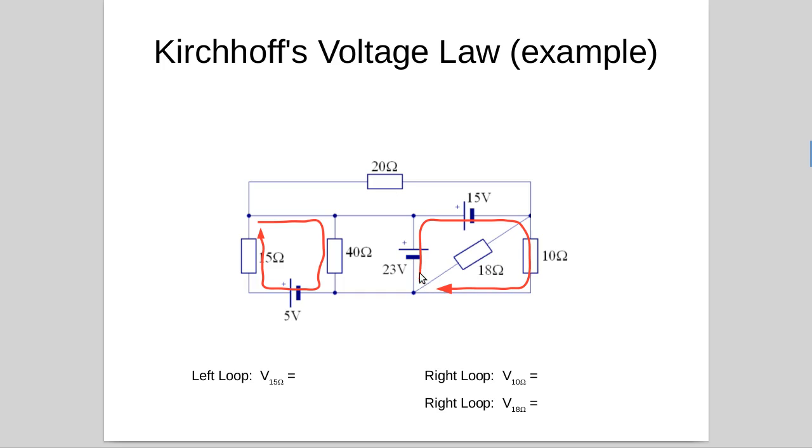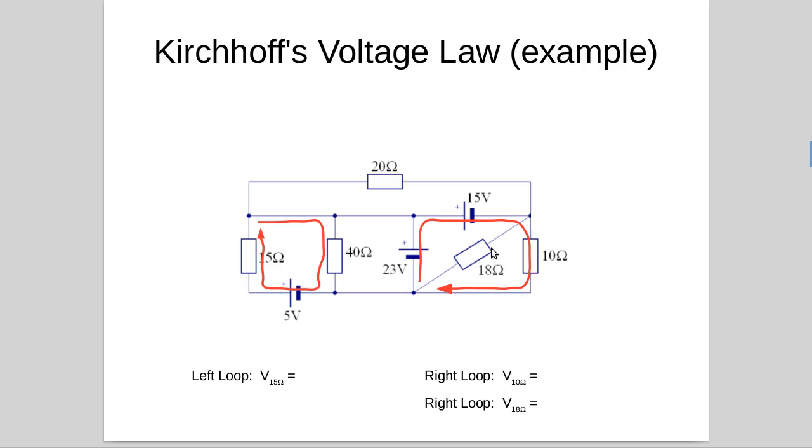If we look here, we've got a voltage supply, and a loop down here through the 18 ohm resistor. And if we look at the loop that's marked in, 23 volts, 15 volts, 10 ohms, the voltage across the 18 ohm and the voltage across the 10 ohm have to be the same because they share the same endpoints.